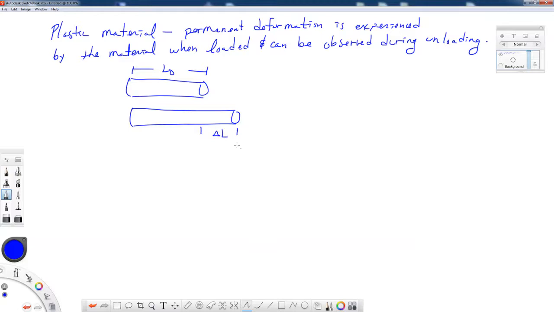That's our change in length at maximum load. If we release the load, we end up with a final length that is greater than the original length. And we have some permanent change in length.